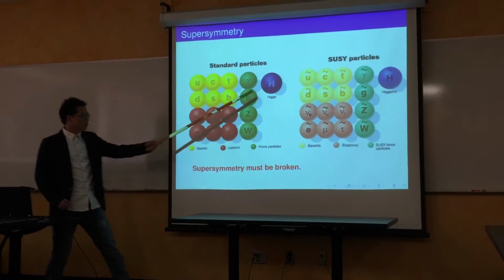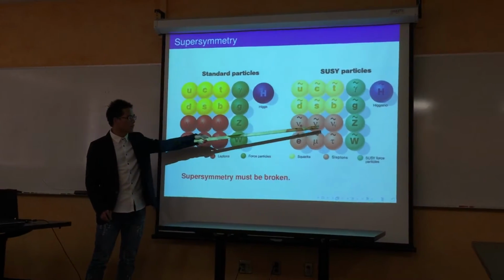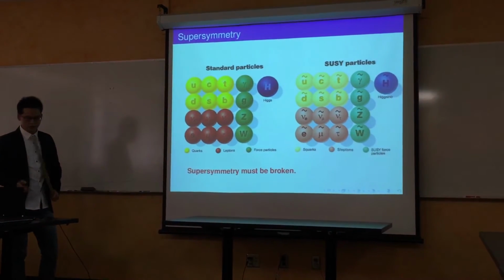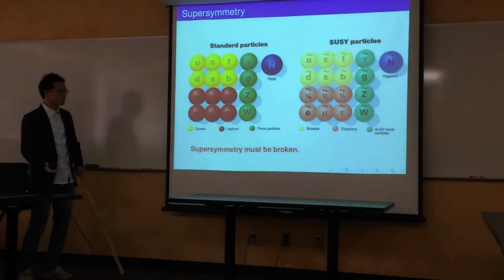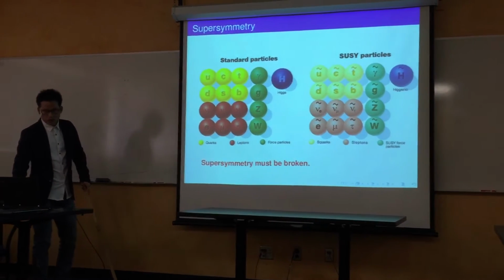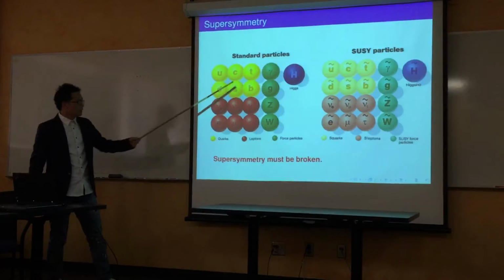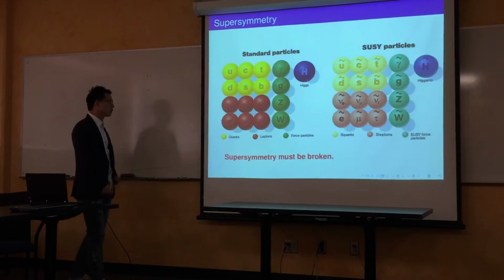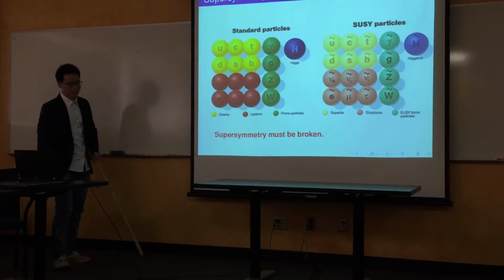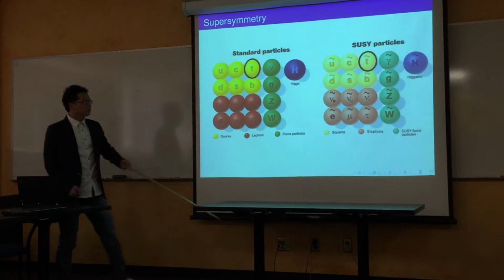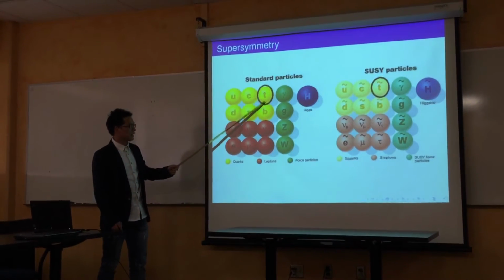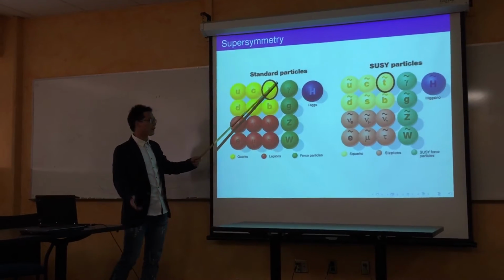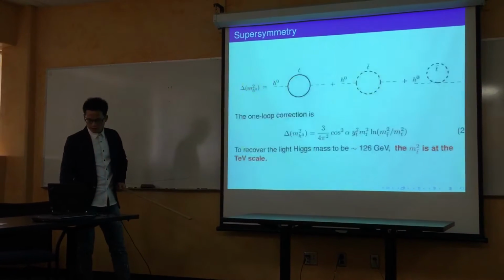You can see from here there are many particles. So which particle are we very interested in? As we said, the top quark and the scalar top quark play a very important role in the light Higgs mass. So we are very interested in this particle because it is very important to recover the light Higgs mass.